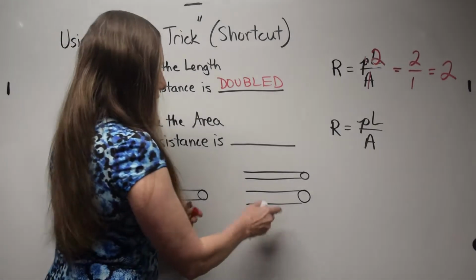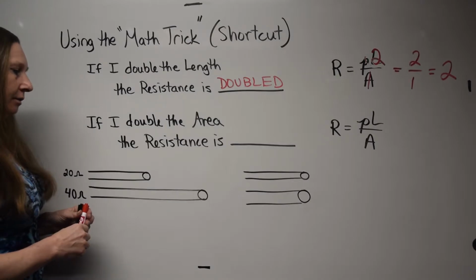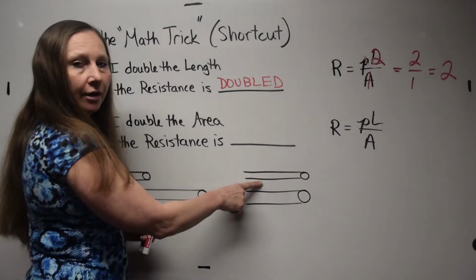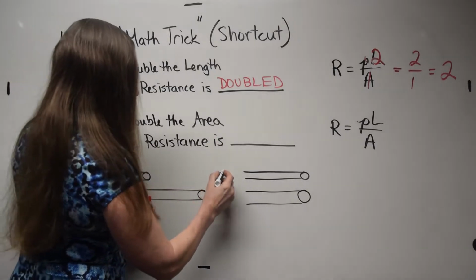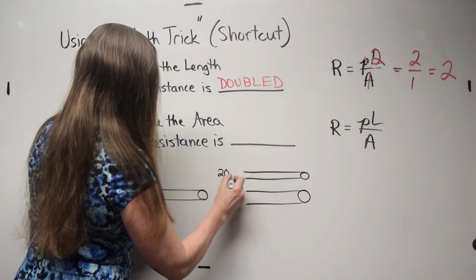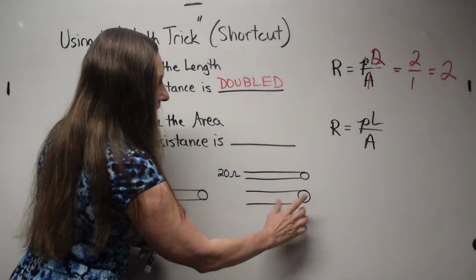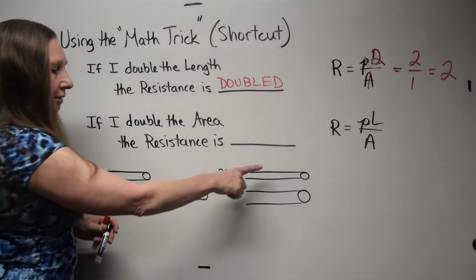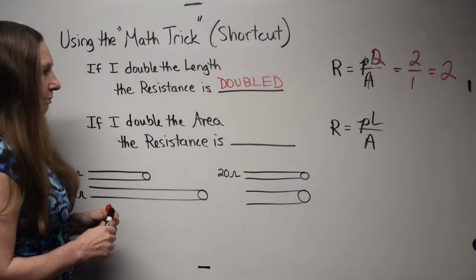Now, over here, let's try this one. If I double the area, I take this piece of wire, all right, and let's say that this piece of wire is also 20 ohms. All right, if I double the area, see how this one is the same length, but twice the area of that one, right? What is the resistance of this piece of wire going to be?